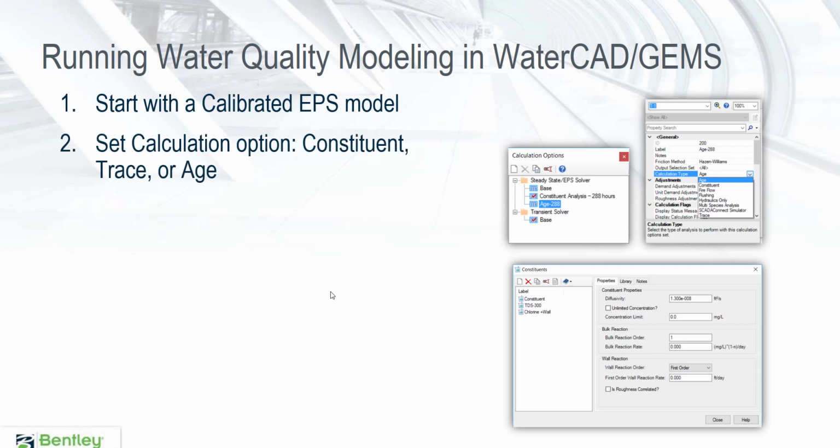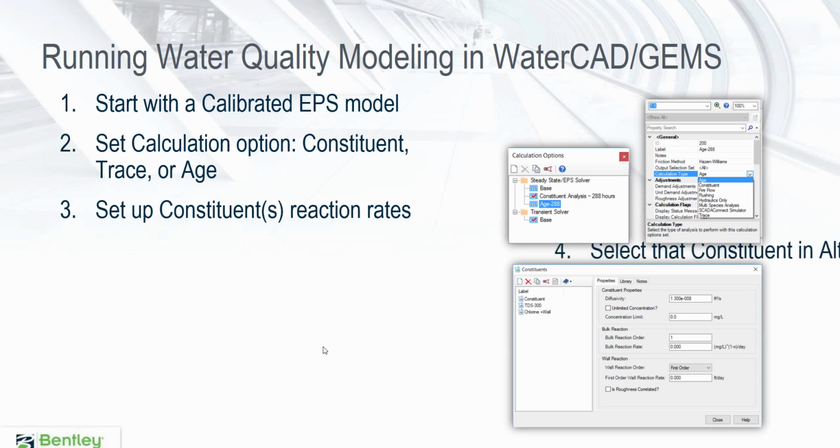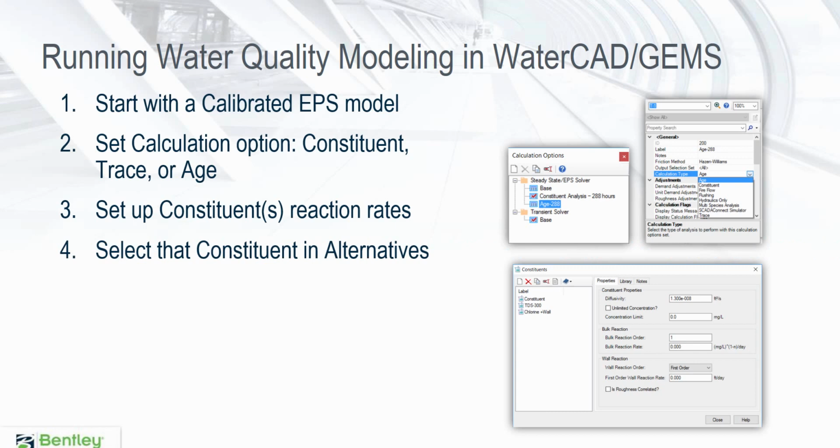Get into water quality modeling, set up the calculation option, again where you tell it what type of run you're about to do, constituent, trace, or age. Set up the constituent reaction rates. Go determine what those are. Pick the constituent in the alternative. Set up the representative scenario to use that alternative.